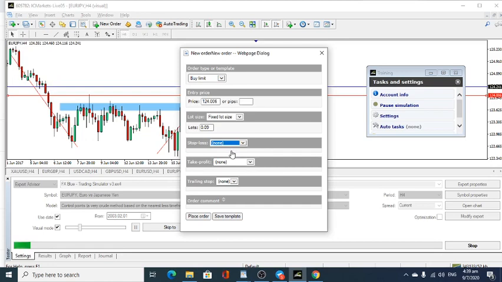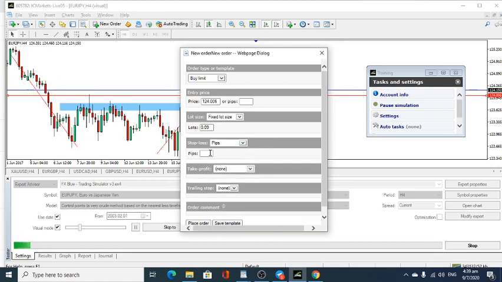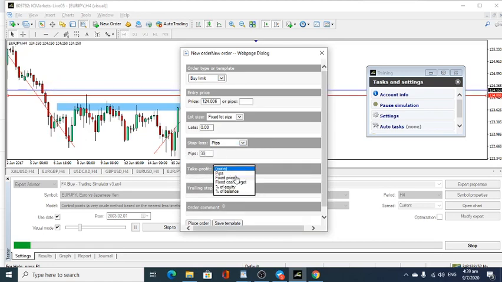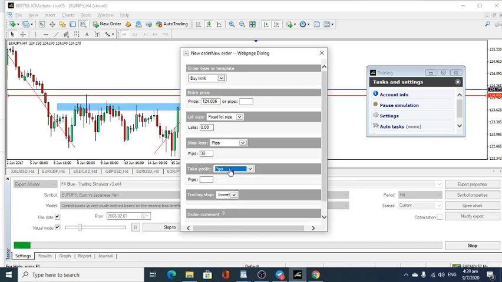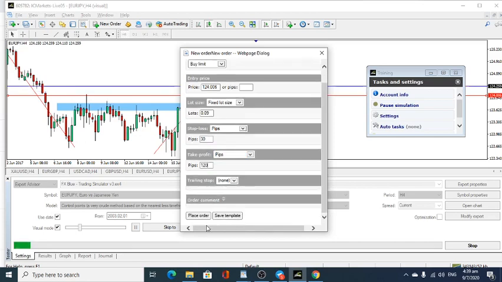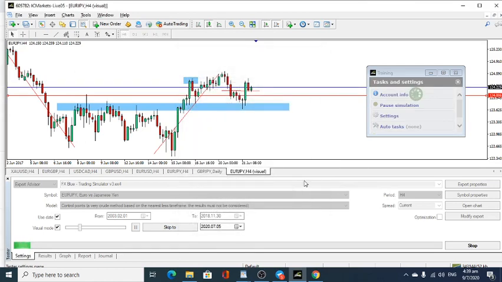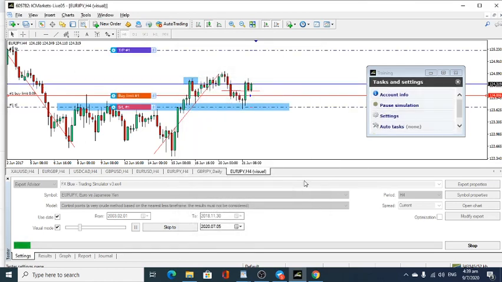Stop loss 30 pips. Take profit 120. So let's see.